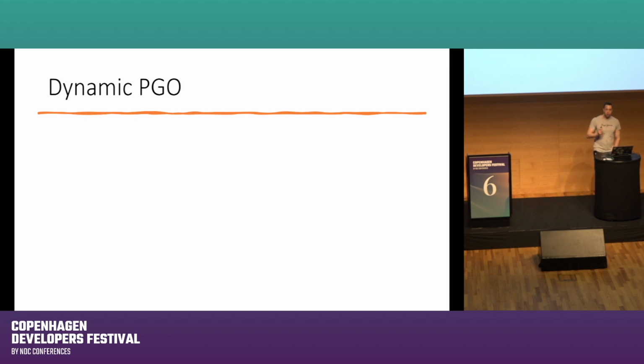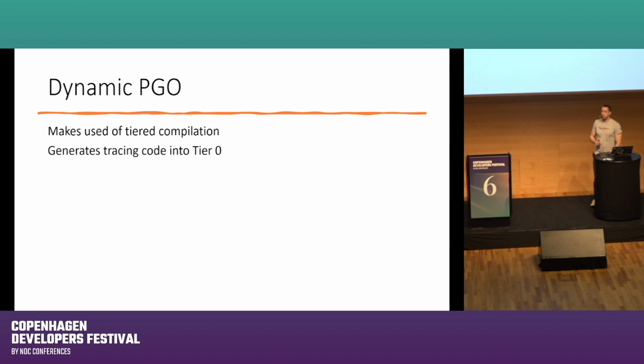So what .NET can do is it can make use of the tiered compilation. I mentioned tier 0 already has some call counting in it, but they have added additional probes to see what code gets executed, what actual concrete types are getting passed into methods.